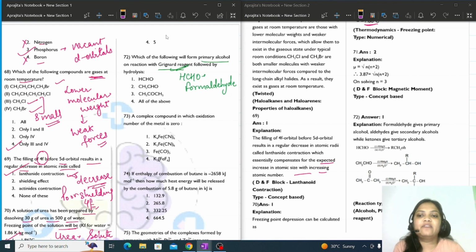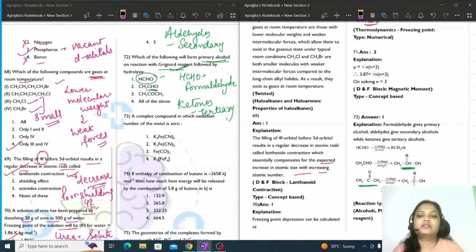Other aldehydes will give secondary alcohol, whereas ketones will give tertiary alcohol. So here primary alcohol will be produced by HCHO, which is formaldehyde. Acetaldehyde will give secondary alcohol, and acetone will give tertiary alcohol.